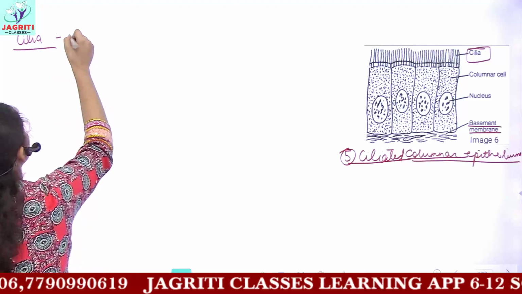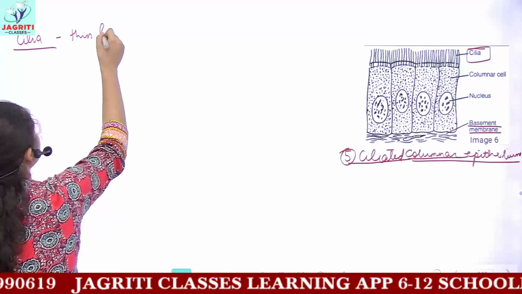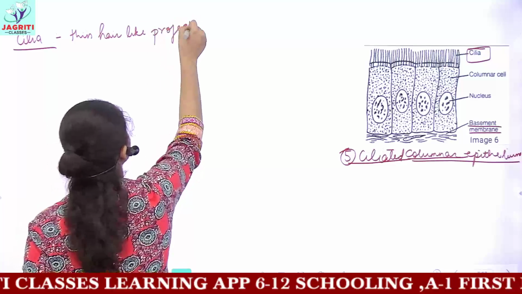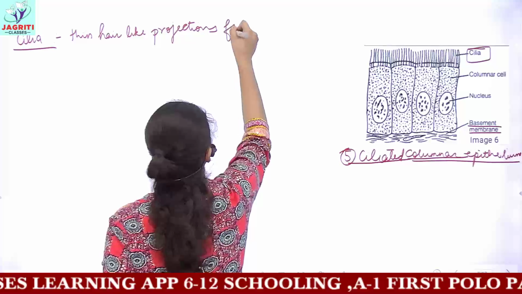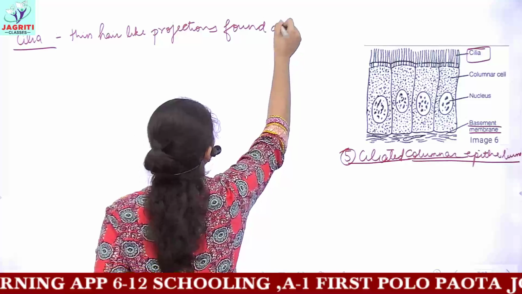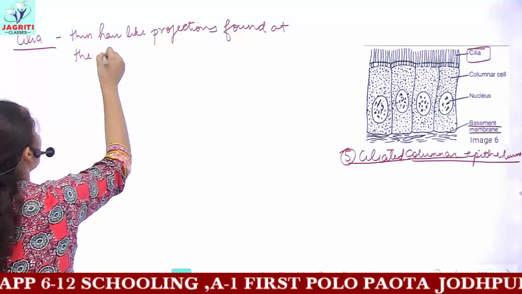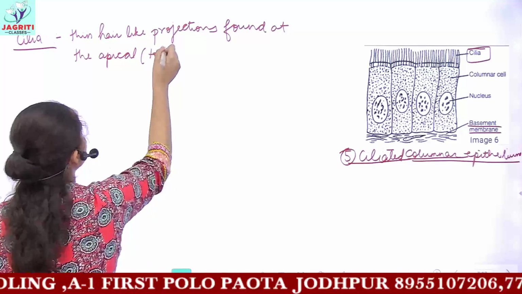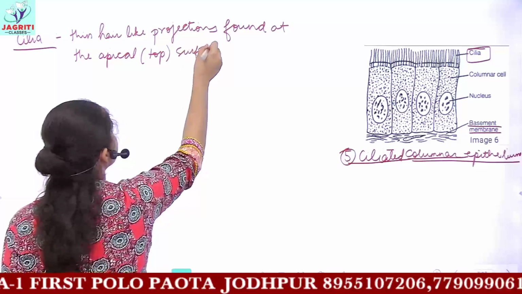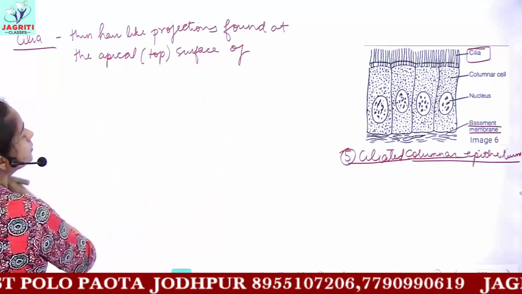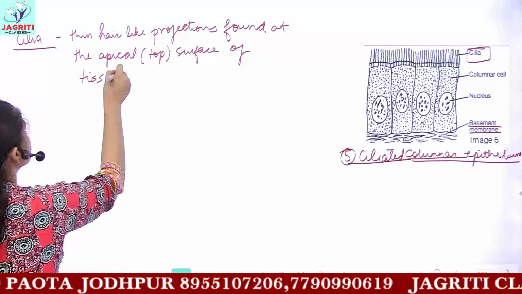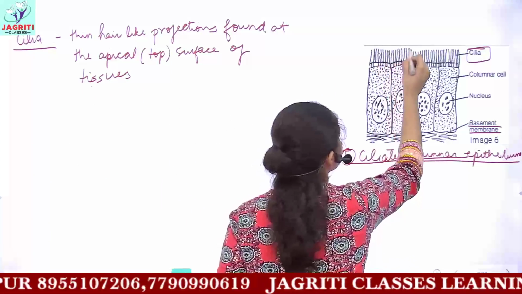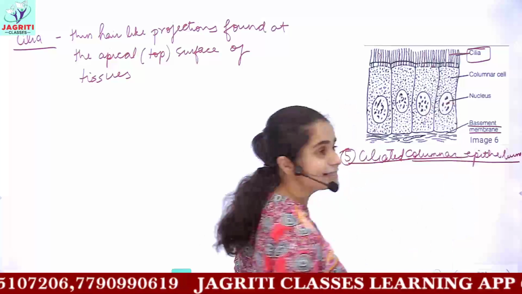Cilia are very thin or very fine hair-like projections found at the apical surface, that is the top surface, of tissues. You can see these are the thin hair-like projections and these are called cilia.